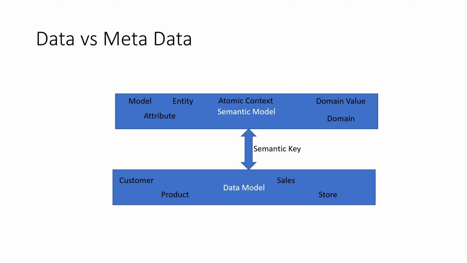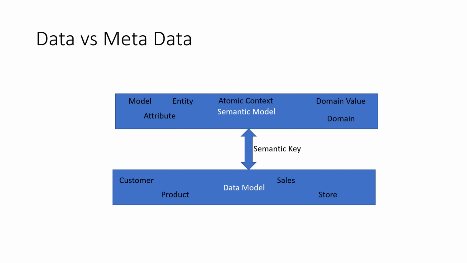The data model is a physical model which is ready to absorb any data you want to load, as long as you have described it in the semantic model. So if you want to add a new attribute to the data model, you will first add it into the metadata model. Once that is done, you can load the data model with the new data for that attribute.